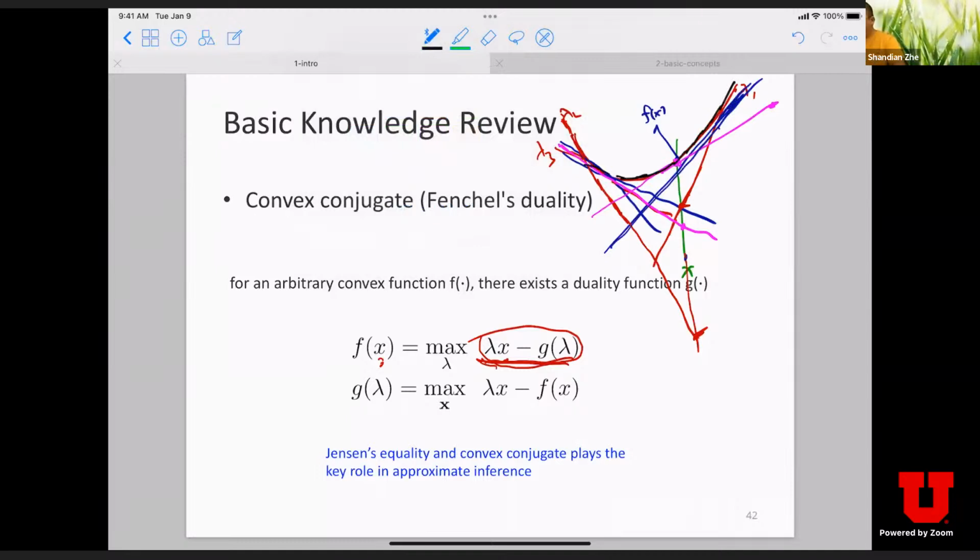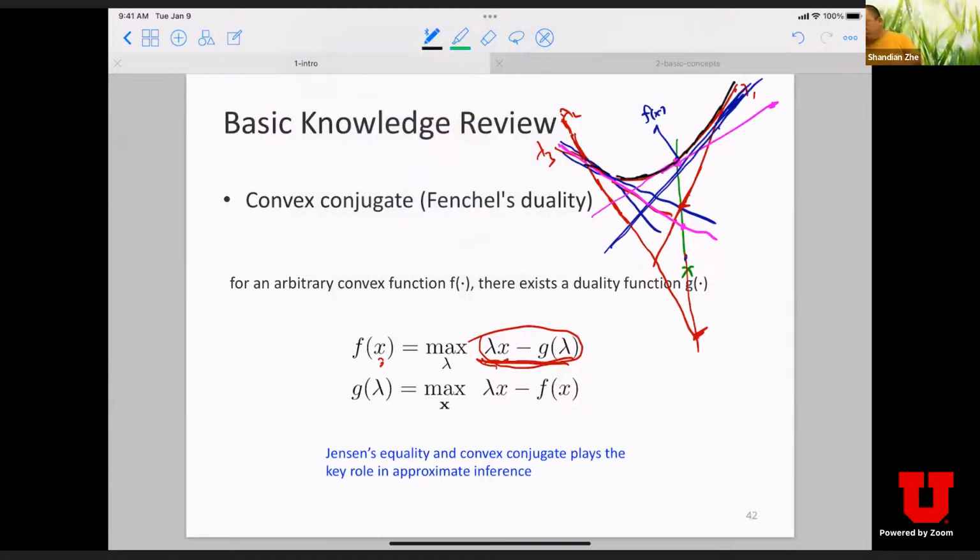When we change the slope, that means you change the point at which you touch the function. And at a specific position x, you will always be below f of x. Only when you choose to touch your convex function f right at x will your evaluation at x overlap with f of x. Does it make sense?